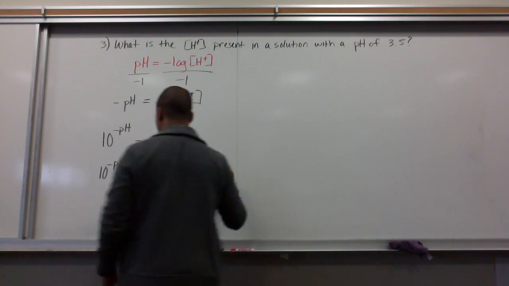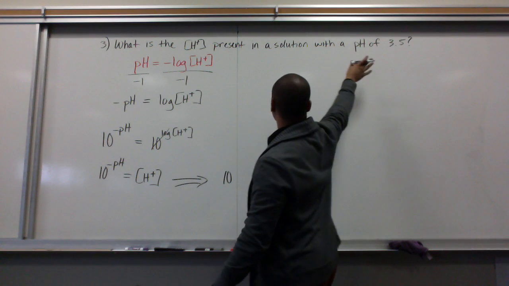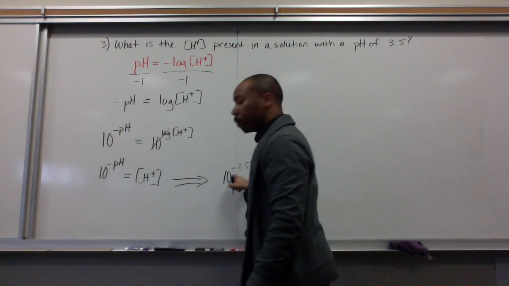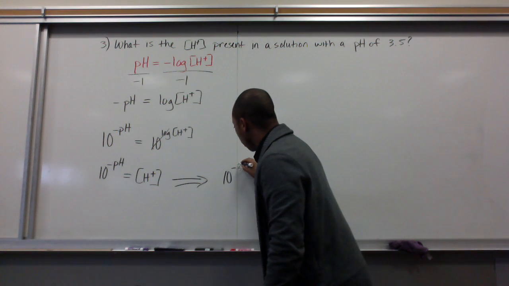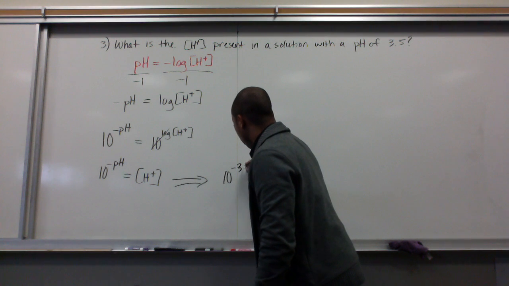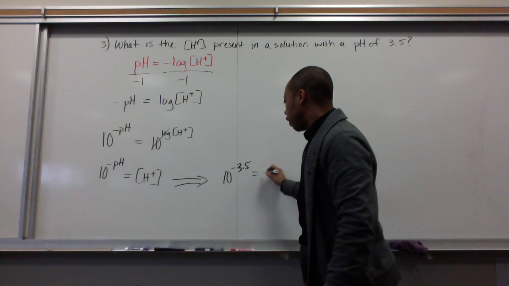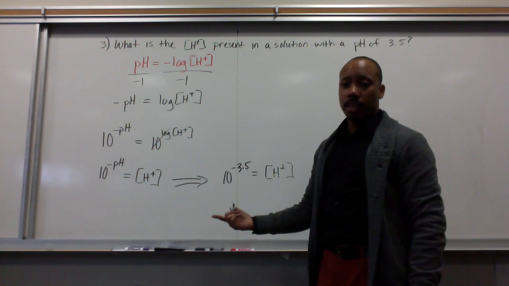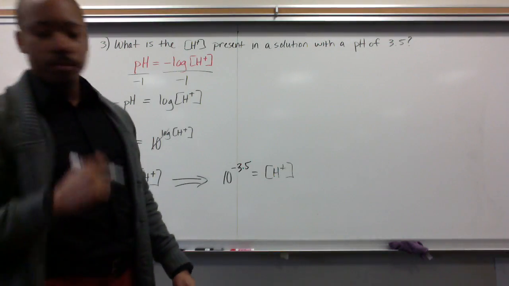So I plug in my values here. I'll have 10 to the negative pH. Well, my pH was 3.5. So 10 to the negative 3.5, you must put that negative sign there. If you don't, you will get an incorrect value. So 10 to the negative 3.5 is equal to my hydrogen ion concentration. I plug that into a calculator. When you do so, you get 0.00032.